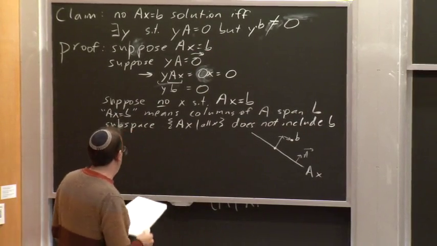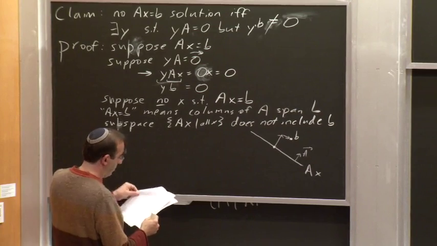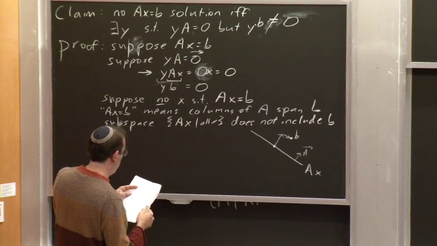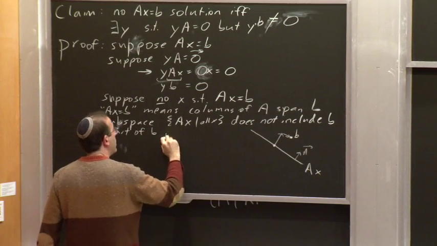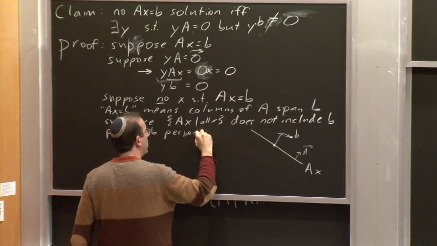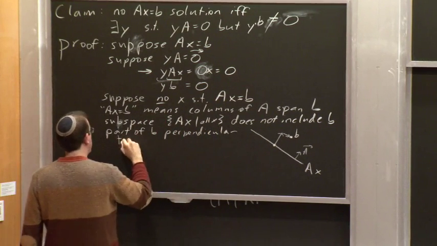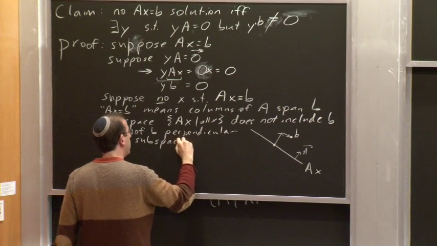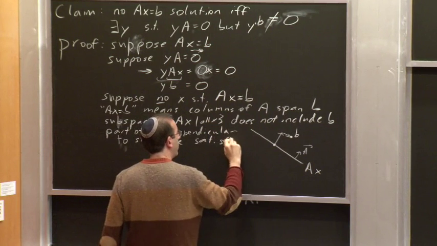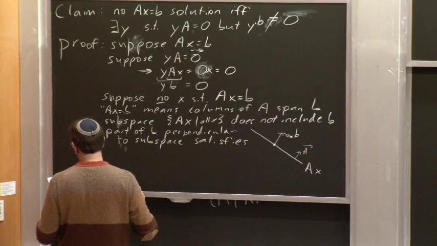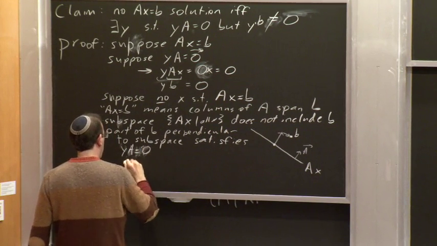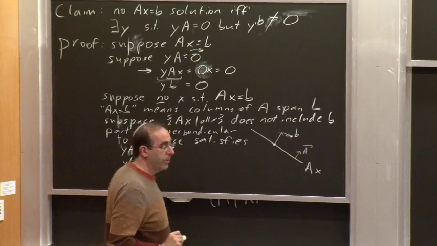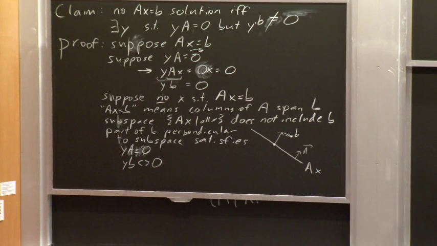Then the part of b that is perpendicular to the subspace satisfies ya equal to 0, but yb not equal to 0, because b is off of the subspace. Okay.